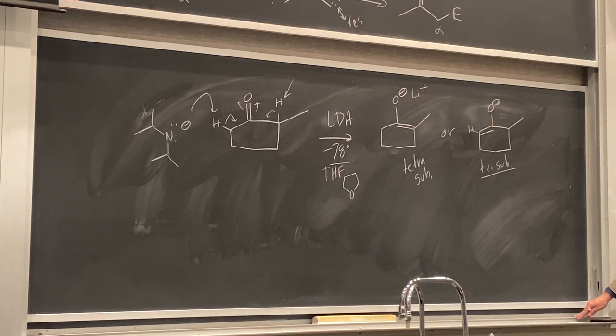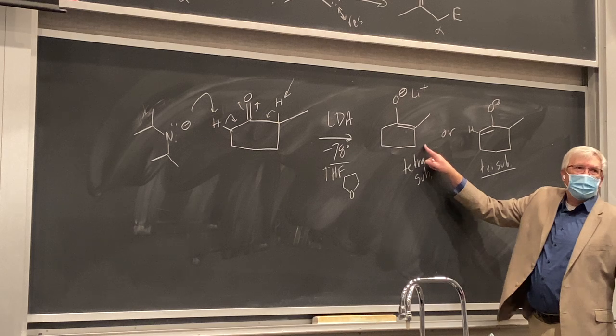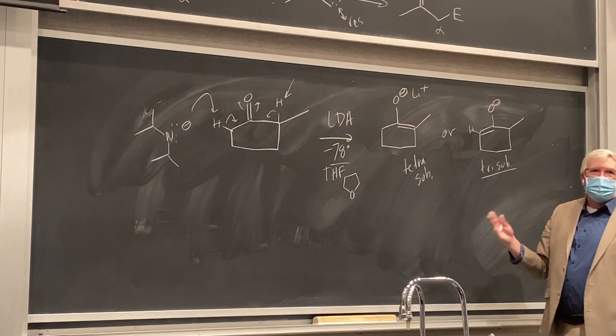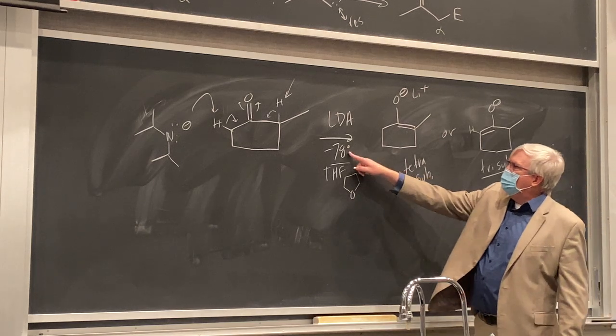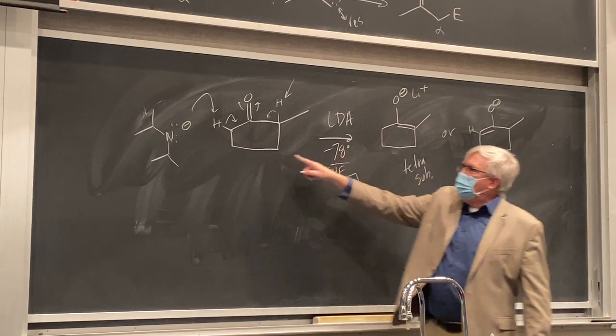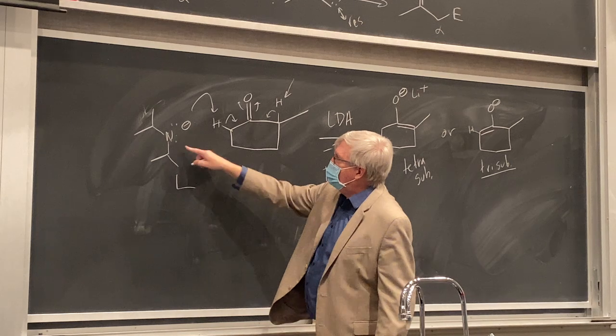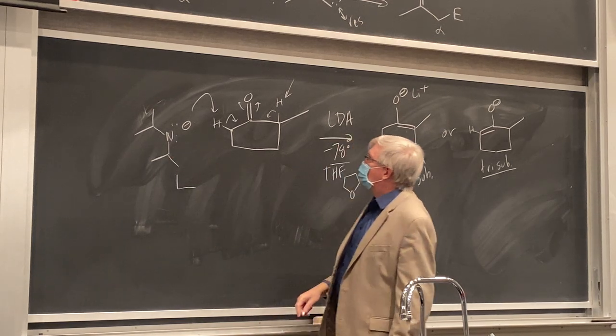And we said this before with Zaitsev's rule in 351. We always formed the more stable or more substituted alkene, right? Which one's the more substituted or more stable enolate in this case? Well, this one, the one on the left, okay? By about 5 to 6 kcal per mole. But if we're at low temperature here, what can we say? Here we have a large, bulky base with these two diisopropyl groups.